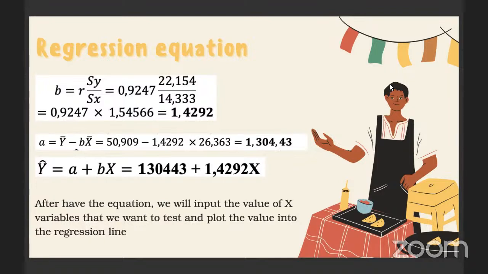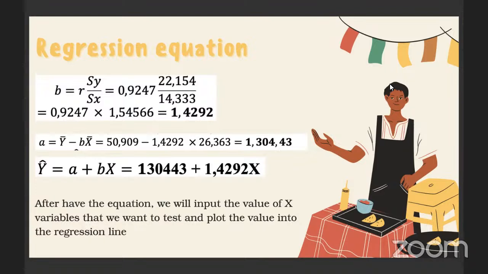And then next, after we get the value of the slope, we're going to calculate the y-intercept. a equals the mean of y, or y bar, minus b times the mean of x. Then we calculate it, subtracting and multiplying, and the value of our intercept will be 1.304.